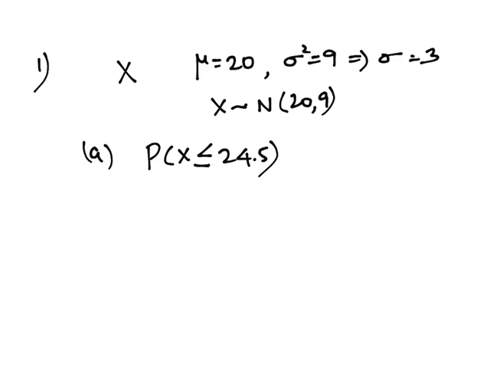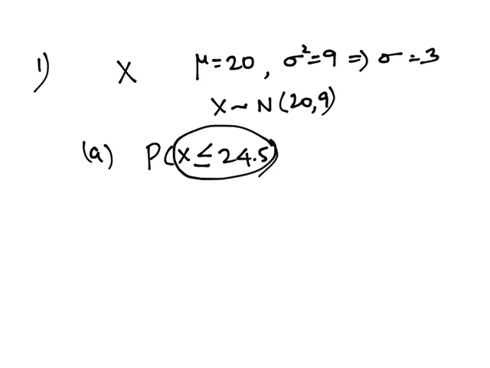Now how do you find it? Go to distribution, go to normal, go to NCD. Data is variable. Now I want less than 24.5, right? That means 24.5 and below. So the lower limit is minus 10,000. Upper limit is 24.5.